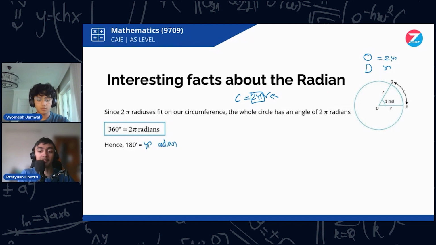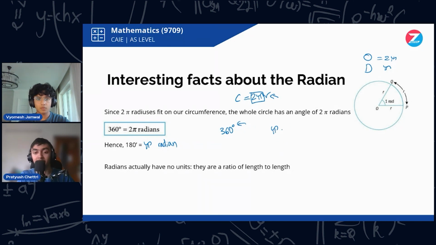One interesting thing to note here is that radians actually don't have a unit. If you write 360 degrees, you have to include that little degree sign. However, if you write, let's say, pi radians, there's no requirement to write radians.